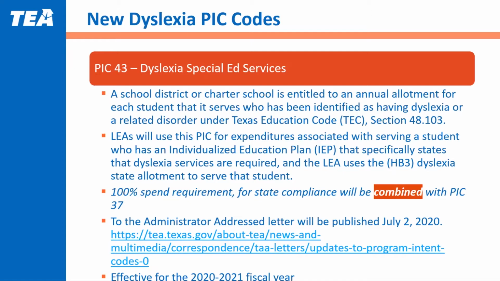So, in some cases, you may have utilized the special education allotment for some of those services if it was written in the student's IEP. And so you may have used the money there, or you just didn't code it to PIC 43 and you only used PIC 37.